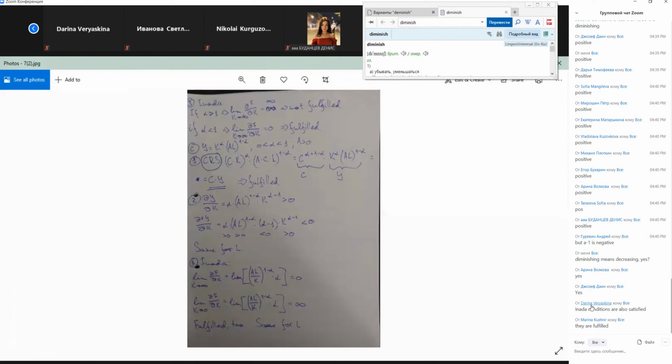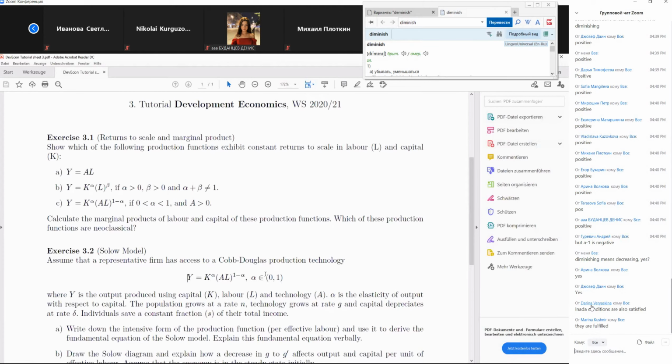And here we know already that this function is neoclassical. So the function we use now in the model is the same as function c from the task sheet. So this function is the same as the one in task 3.1c. However, there is a slight difference: A now is not just a parameter, not just a constant, it's another factor of production, another input.